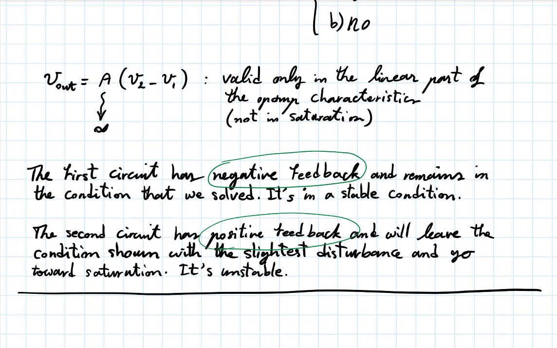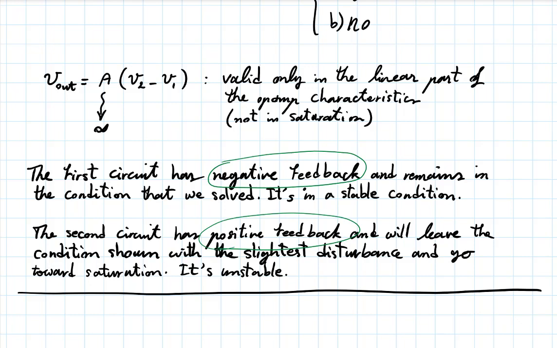In reality, that difference will be a very, very small number, and multiplied by A, V out will be still something within the range. So the difference being 0 is an approximation for a very, very small number.